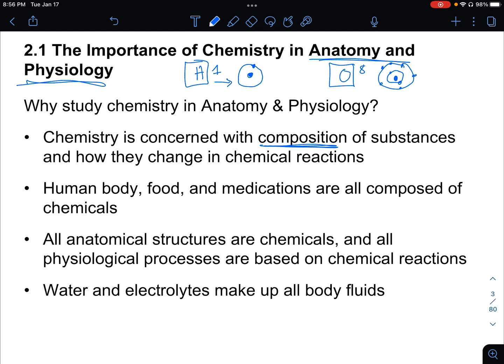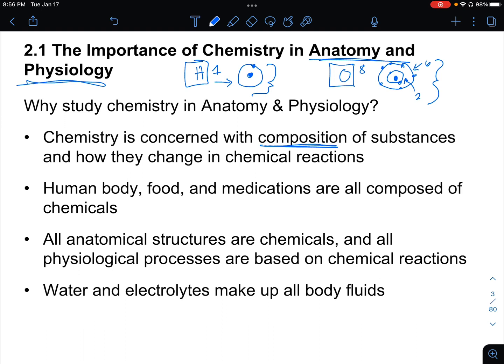So 1, 2, 3, 4, 5, 6, 7, 8. Yes, we have 6 in the outer ring and 2 in that inner ring. 2 plus 6 equals 8. Very good. So we can see that the chemical structure of this hydrogen atom is going to be very simple compared to this oxygen atom.